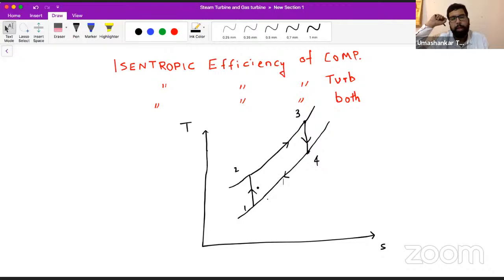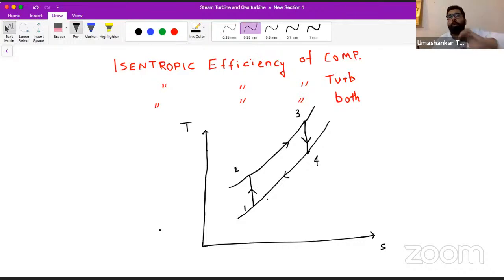Now you know from our general thermodynamics concept that whenever losses are there, we are reaching irreversibility. And in other words, we can say that the entropy is increasing.